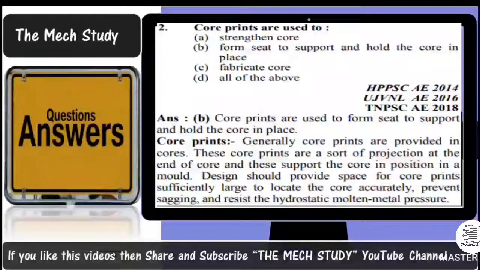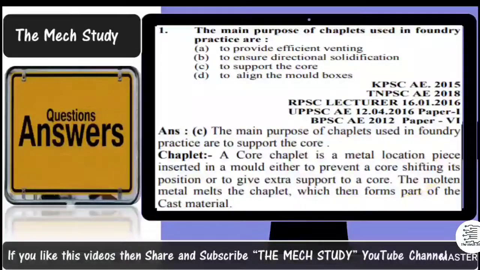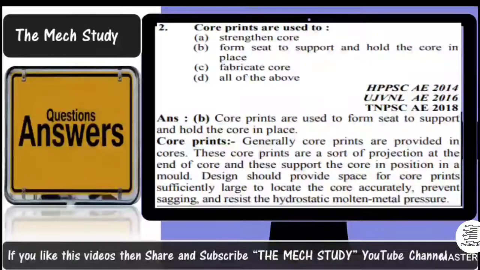As I have said, I have already attached the description of this particular question. You just read it and you get the idea of how these questions work. Core prints are provided on the core as projections at the end of the core, and they support the core in position in the mold, providing sufficient space to locate the core accurately.